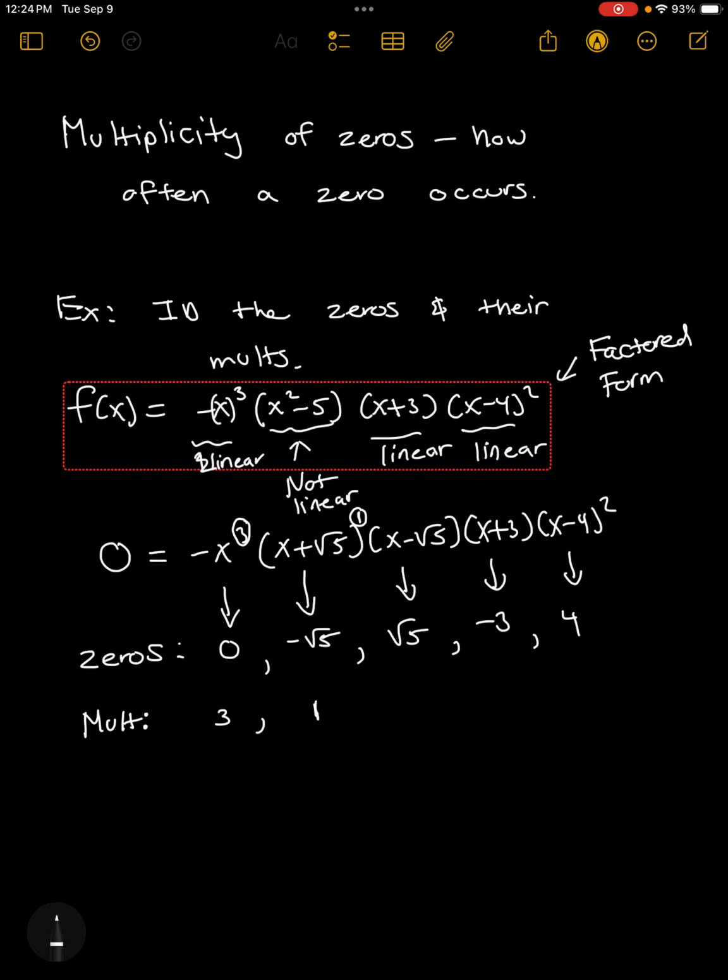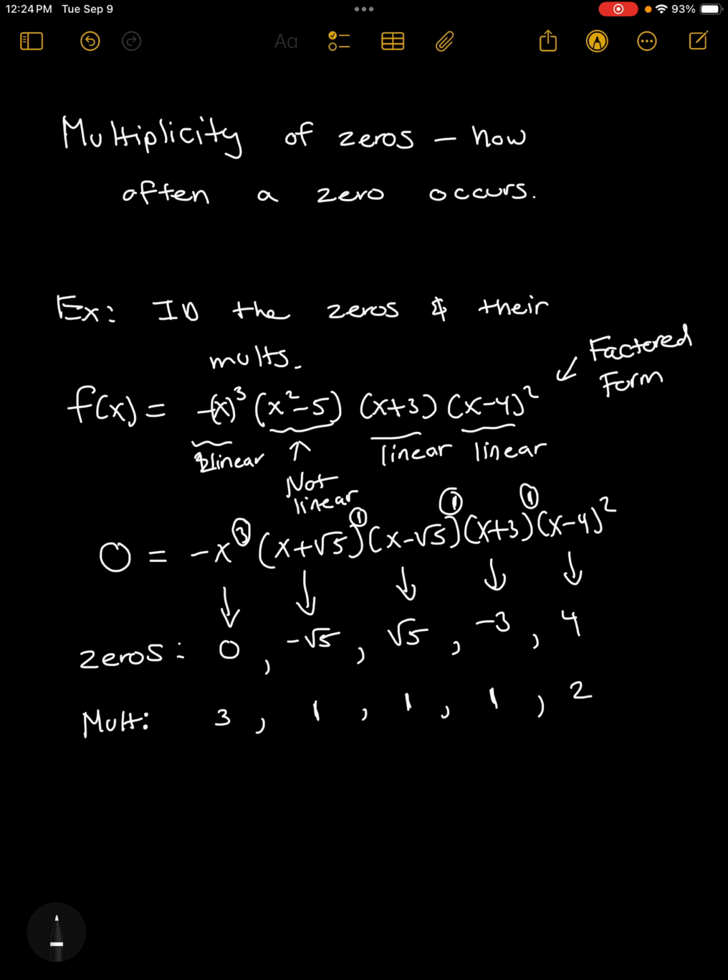The multiplicity of the positive root 5 is also 1. The multiplicity of negative 3, in other words how many times negative 3 occurs, I look at the exponent, it has to be a linear factor. That's also 1. And the multiplicity of the zero of 4 is just 2. So that's what multiplicities are: they determine how many times a zero occurs.